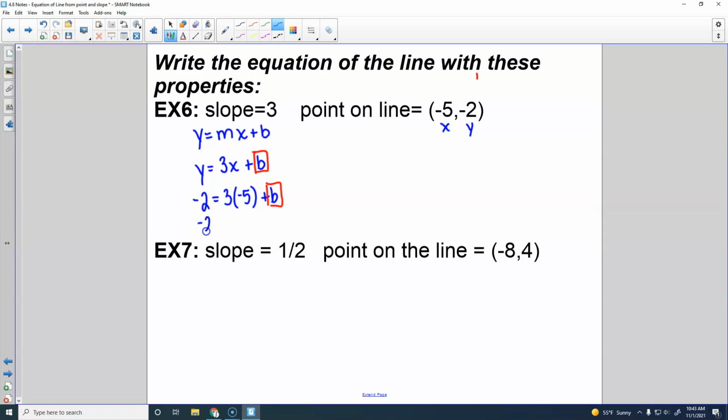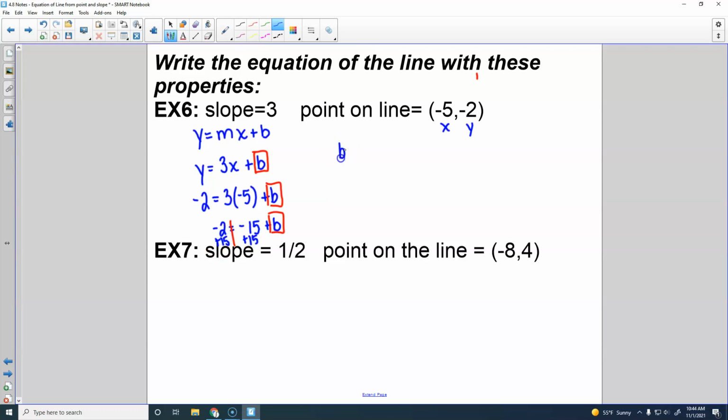Good. -15. Okay. Subtract -15 sounds confusing. It's the same as adding, right? So you add that 15.